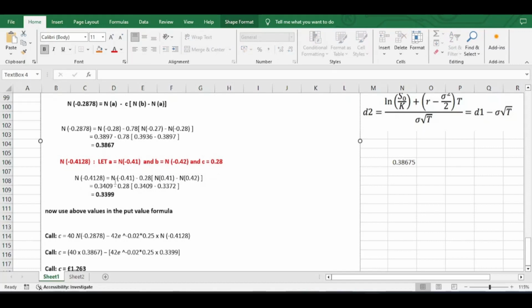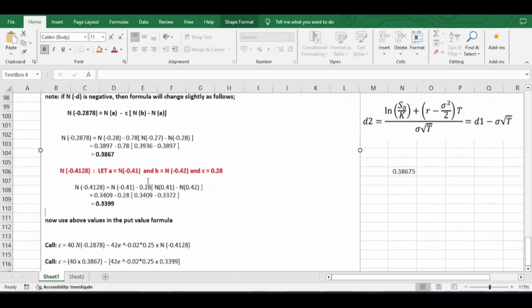So again, you have to make sure you know which one is your greater number. The number with the smallest value with a negative sign is considered the greater number compared to the other number. So 41 is the greater number compared to B. That's why the value of NA will come first.